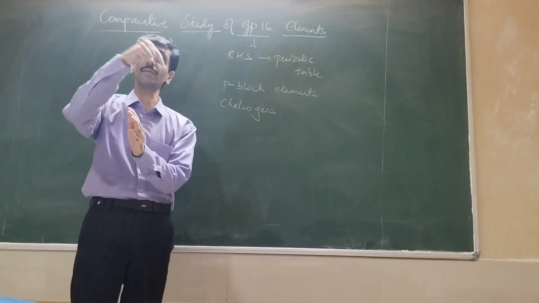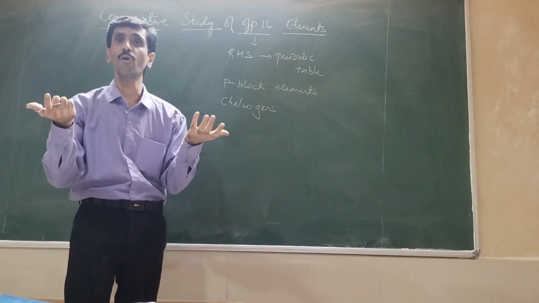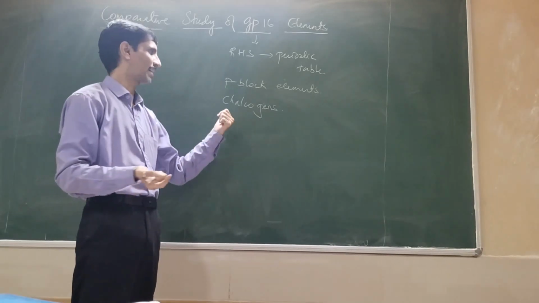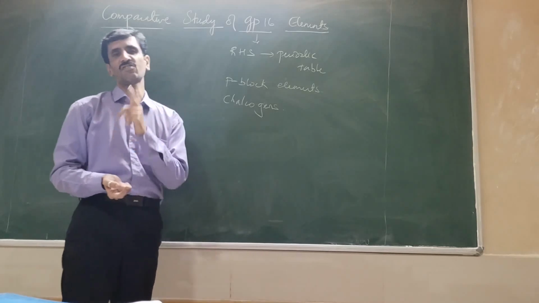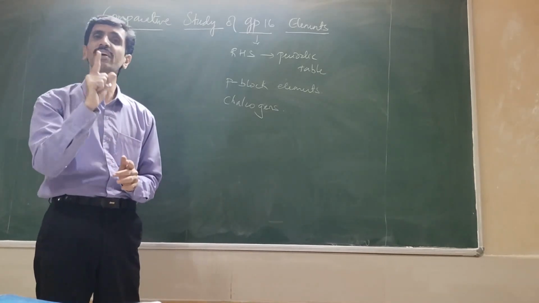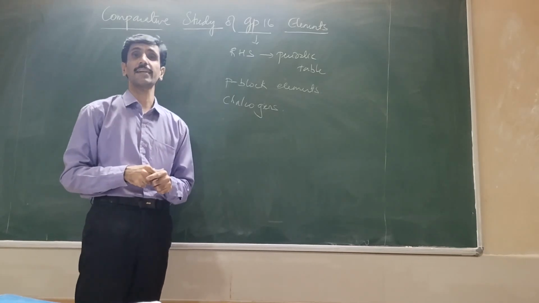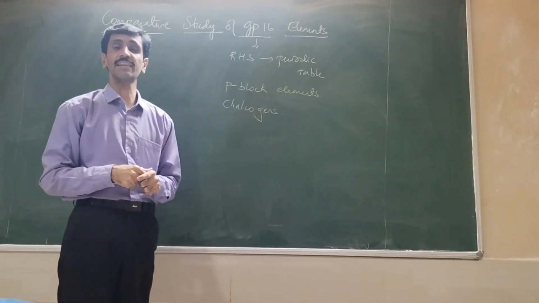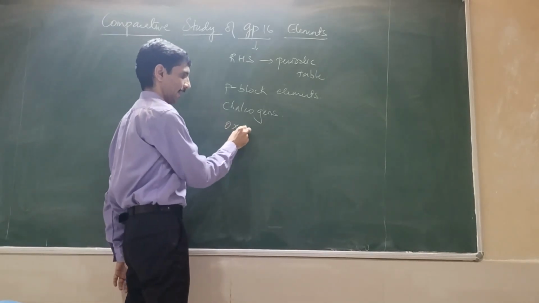They occur along with the metals in the natural form, in the form of ores, and that's what we call it as chalcogens. Next, the very first element of this group 16 is oxygen, and therefore these elements are collectively known as oxygen family.